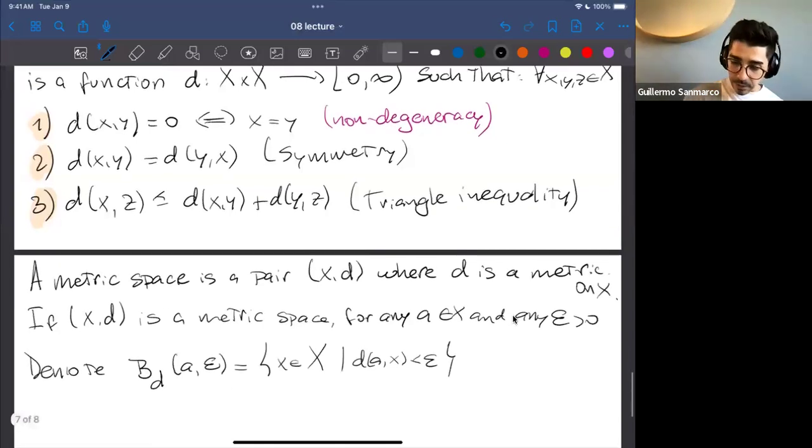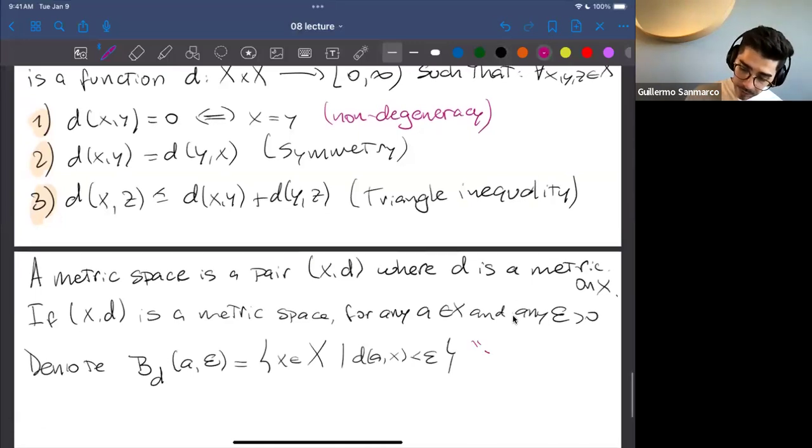And this is called the open ball. Here, open is just formal for the moment. Open ball centered at a of radius epsilon. So it's a subset of X.